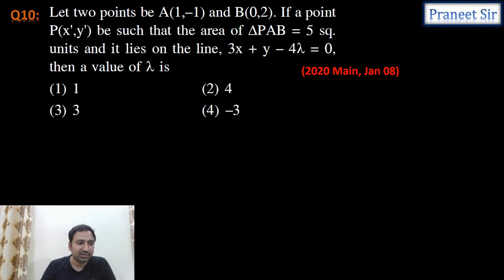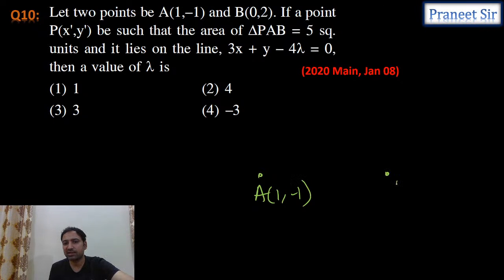Next question, 10th question. Let two points be A and B. If the point P is such that the area of the triangle is given as 5 square units and it lies on the line 3x plus y minus 4 lambda equals 0, then what is the value of lambda? Let's take two points, A (1, minus 1) and another point B (0, 2).